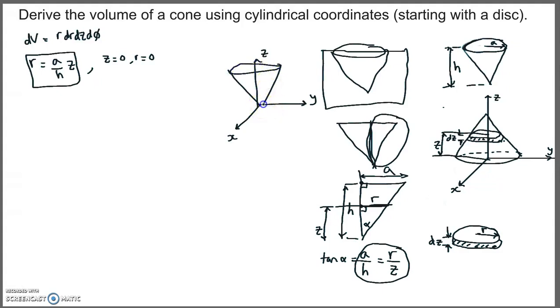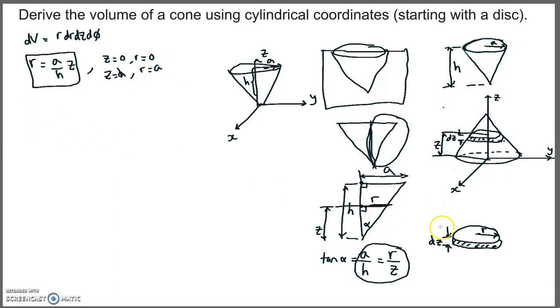So when z equals 0, the radius of our disk element would be equal to 0. When z equals h, r equals a, which is at the top here. So when the element has a height equal to h, the radius of this disk is equal to a, which we said is the radius of the base of the cone.